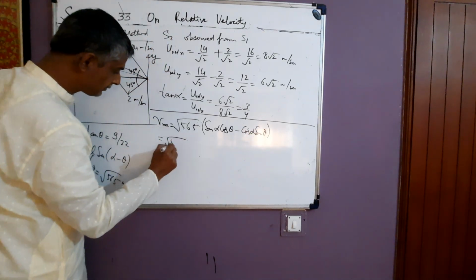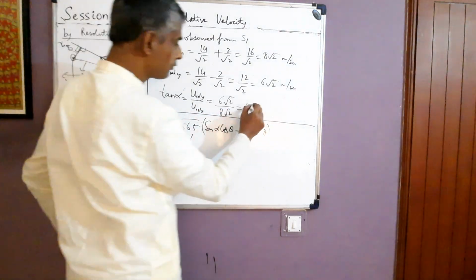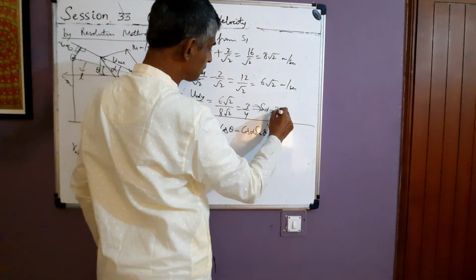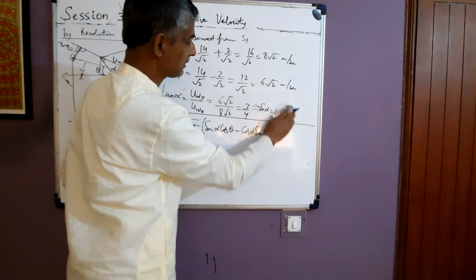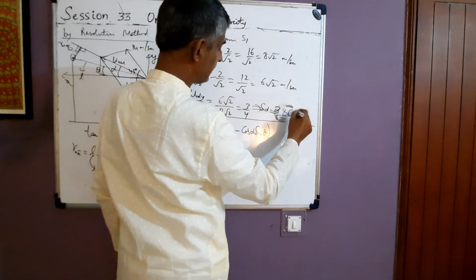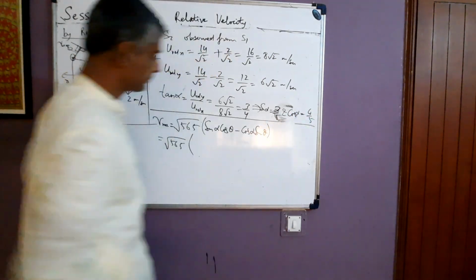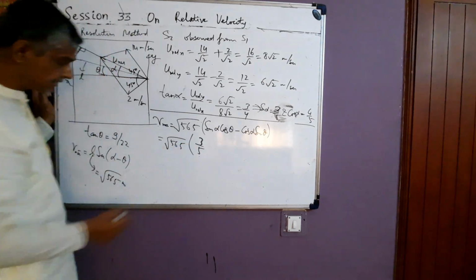That is just root 565. Tan alpha is 3 by 4. By trigonometry, sin alpha will be 3 by 5 and cos alpha will be 4 by 5. So sin alpha becomes 3 by 5 into cos theta.